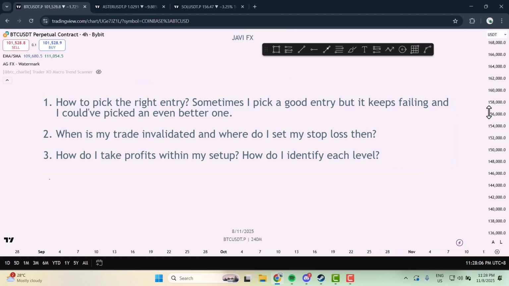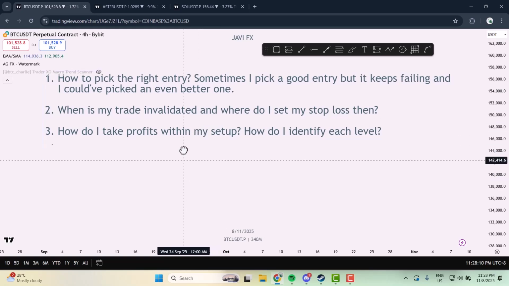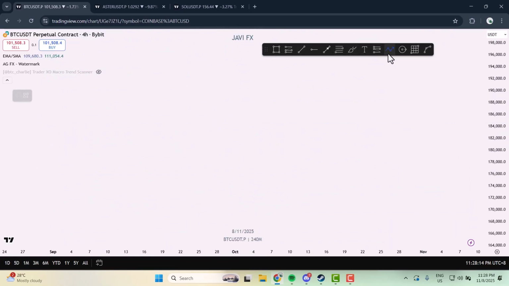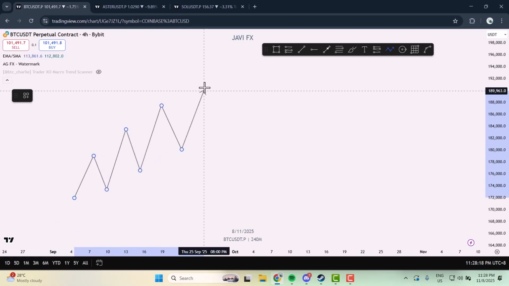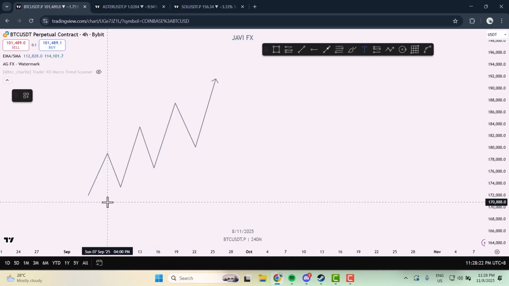So how do I pick the right entry? Let's do something real quick. The first thing you have to do is identify what trend you are in.